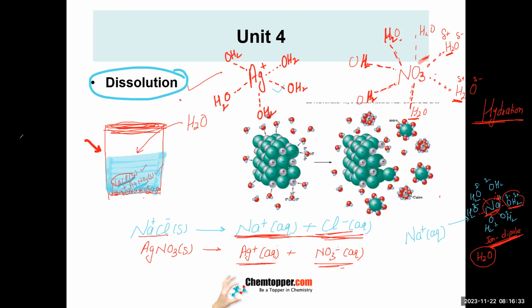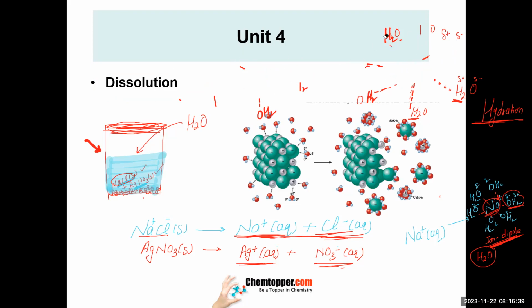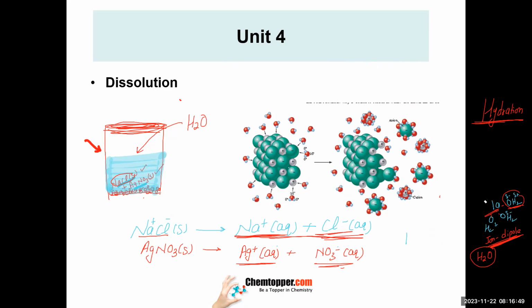Okay, so we are clear about the dissolution. This is something which we did in unit 3 also. Hydration, dissolution. It will come again in unit 6. Everything is interrelated. So when I put NaCl, it is getting dissolved completely, 100%.